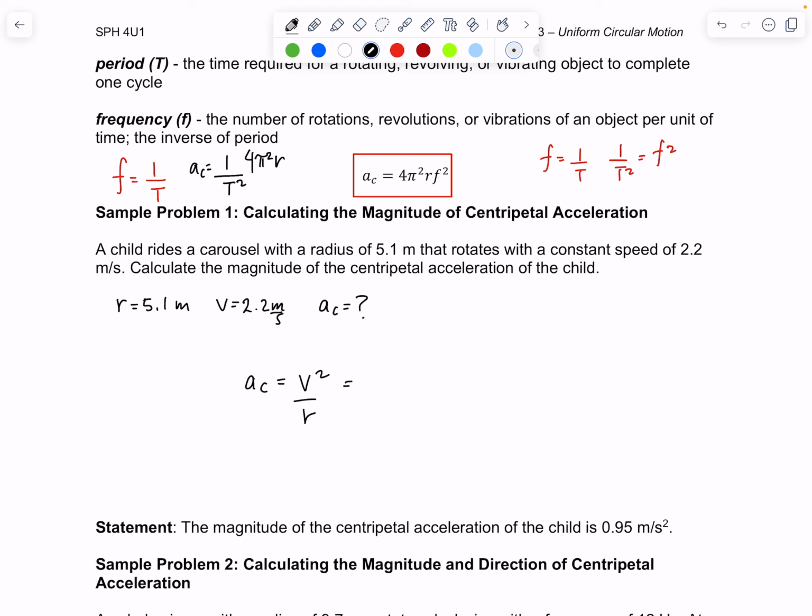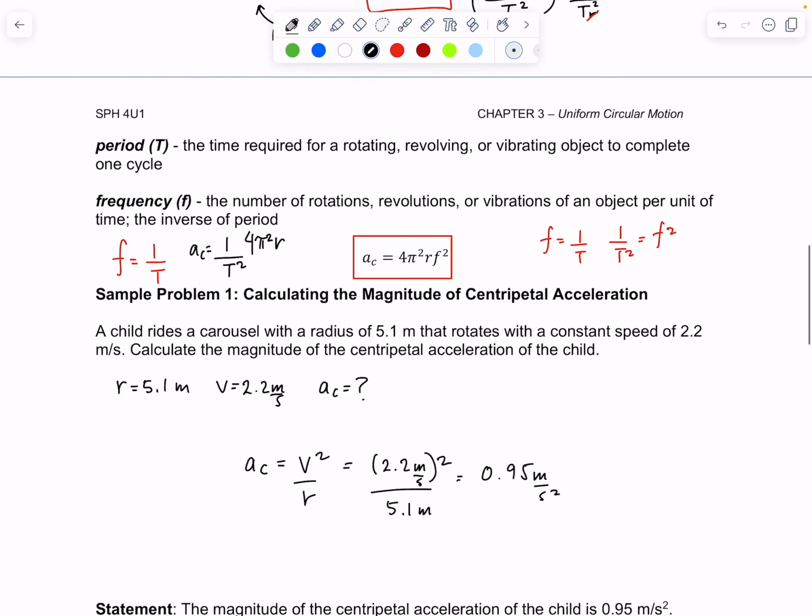We have 2.2 meters per second squared divided by a radius of 5.1 meters. If we punch this into our calculator, we end up with an acceleration of 0.95 meters per second squared.